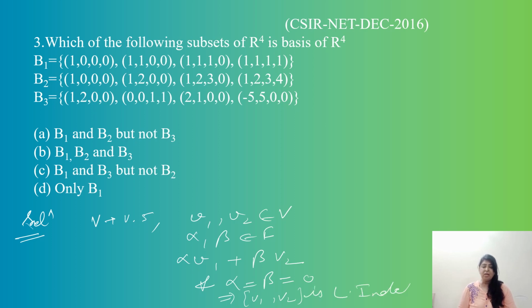So this is the way of proving whether vectors are linearly independent or not. So first of all, we take up the set B1.